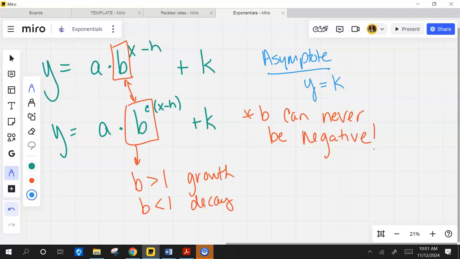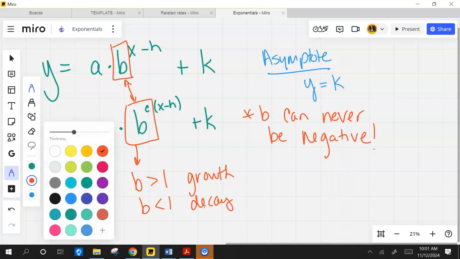Always horizontal. That's why it's in the form of y equals, because horizontal lines are y equals a number. That gives me the equation for a horizontal line.